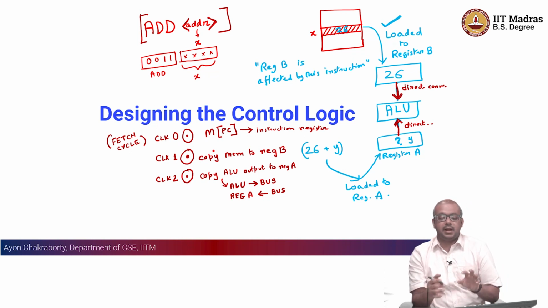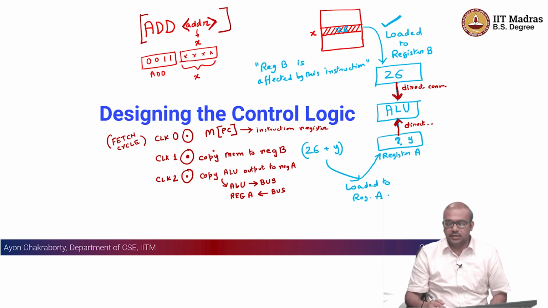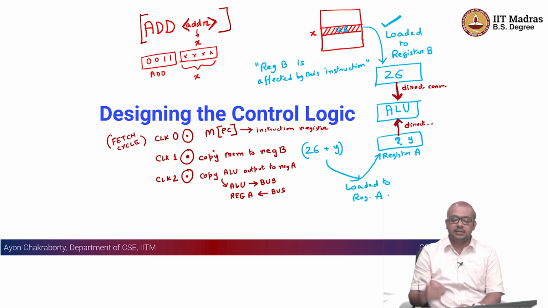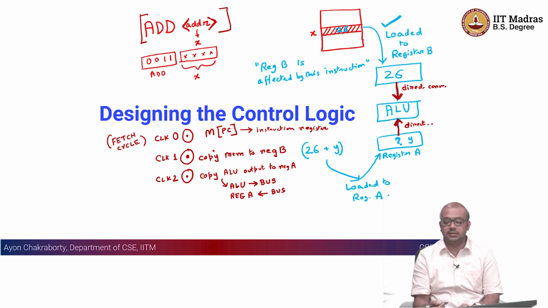So, now while I said designing of the control logic, this basically means this set of operations, which we can call micro operations or micro instructions, that has to be executed in this sequence, like clock 0, clock 1, clock 2. Maybe for more complicated instructions you need more clocks to finish, right.